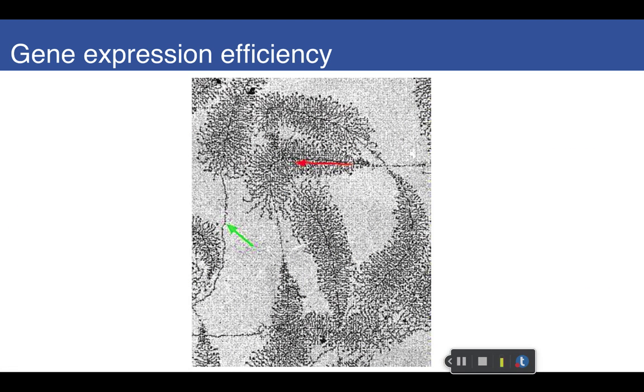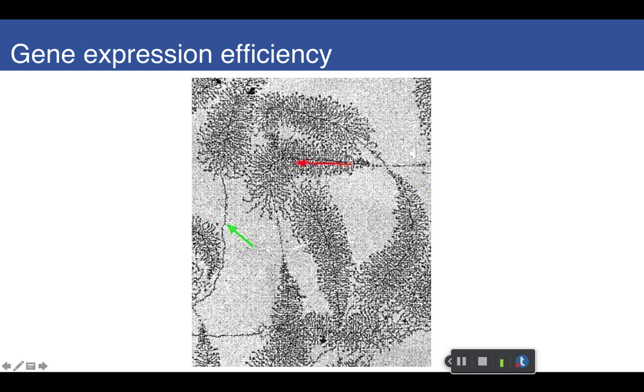The entire process of transcription and translation is known as gene expression. We just talked about transcription; gene expression also includes taking the mRNA and making it into protein. This is an electron microscopy image of translation occurring on mRNA. You have these long fibers, and you can see the green arrow where this is an mRNA transcript, and these hair-like structures are all ribosomes that come in, and the proteins are being translated off that mRNA.